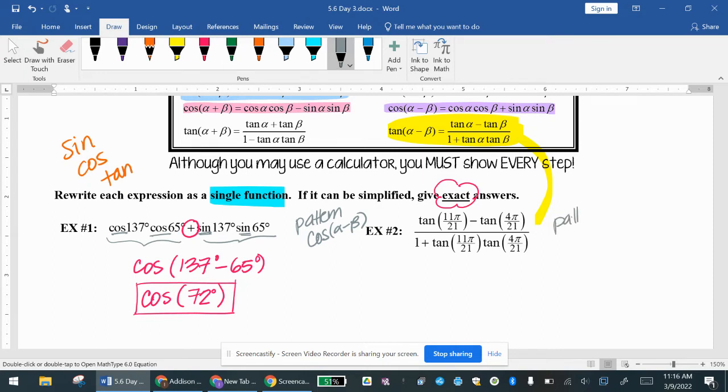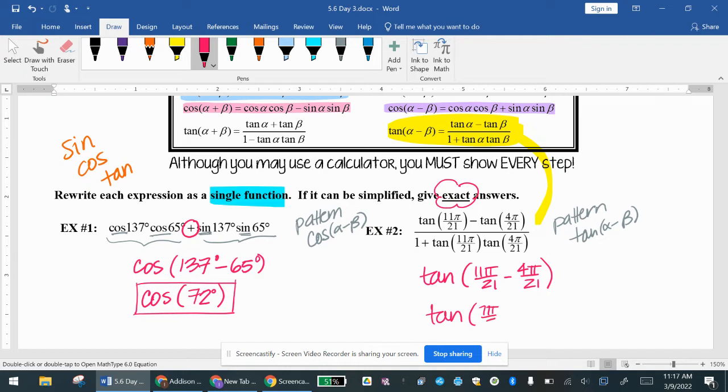So the pattern matches that of tangent of alpha minus beta. And so I'm going to set it up: tangent of the first angle minus the second angle. If possible, simplify. So 11 pi over 21 minus 4 pi over 21 equals 7 pi over 21.